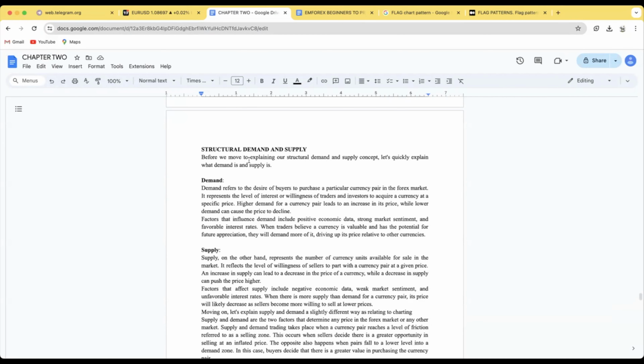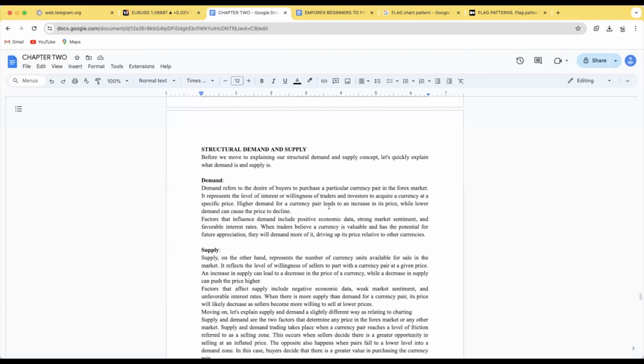Before we move to explaining our structural demand and supply concept, let's quickly explain what demand and supply is. Demand refers to the desire of buyers to purchase a particular currency pair in the Forex market. It represents the level of interest or willingness of traders and investors to acquire a currency at a significant price.